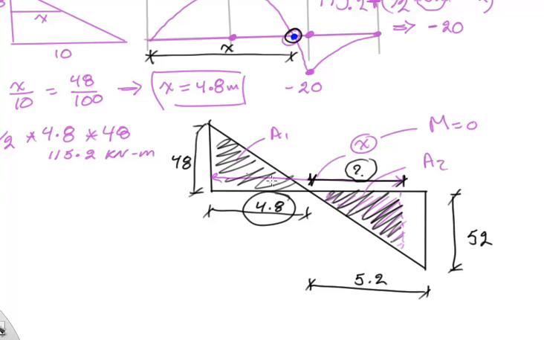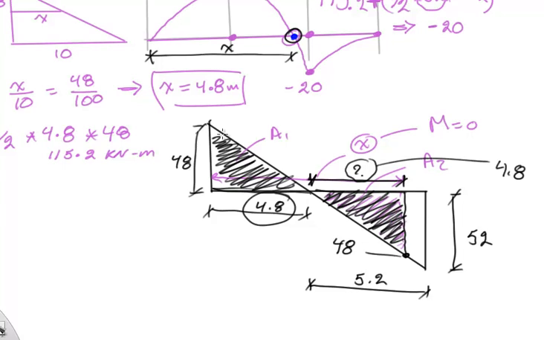So I have exactly similar triangles, but this one is flipped. So this unknown distance is 4.8. And if I do this, 4.8, it's the same base. And since it's a straight line, a constant slope, the value here is going to be 48. So obviously the area here equals this area.